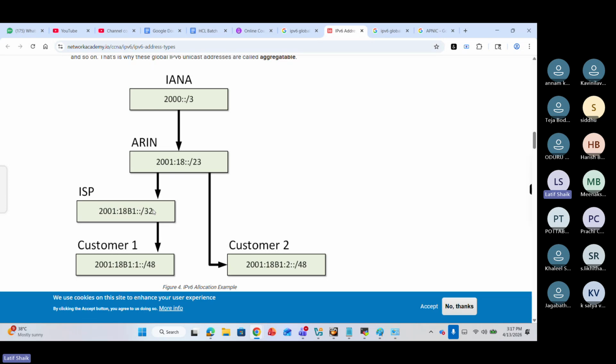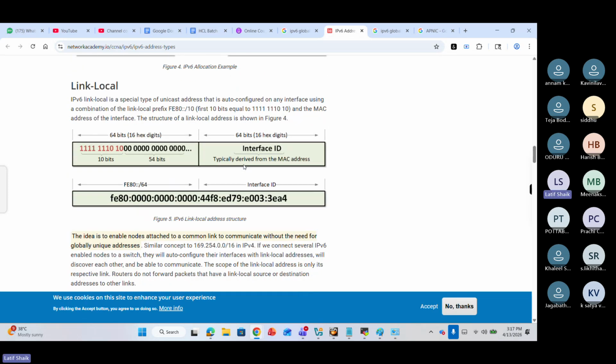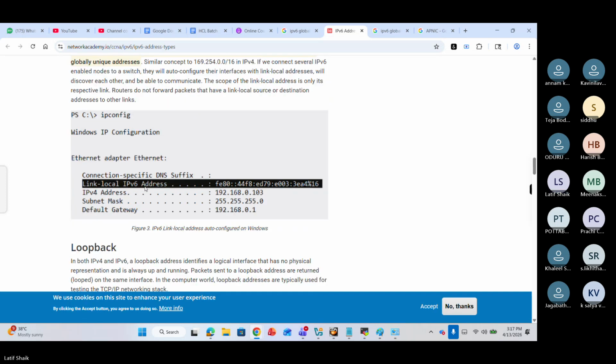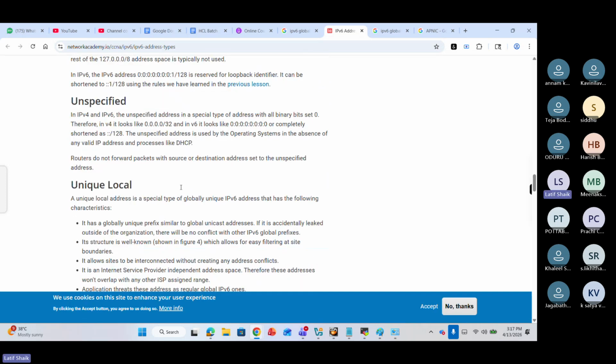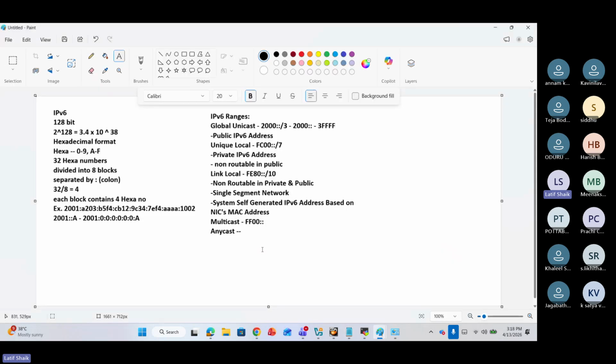That is the structure, but everything comes under the first 48 bits only. This is about link-local, loopback, and next. I forgot to add there were 2 points also, but we'll see those points here.